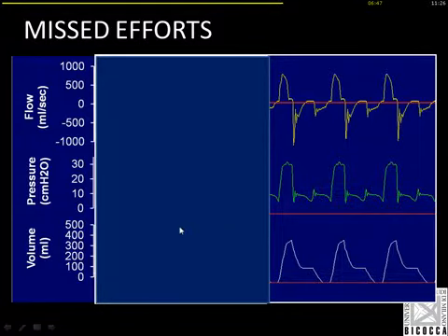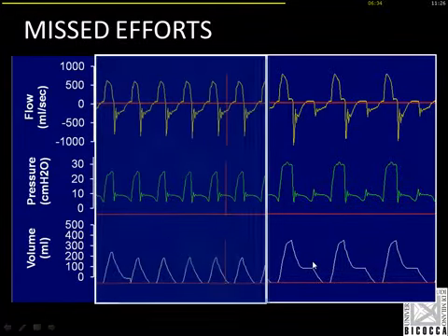How do we treat these issues? These are our own data. You see, once again, bumps in the flow, likely indicating the presence of intrinsic PEEP. What is a possible solution to that? One possible solution sometimes is to try to decrease the level of support, because this will decrease the tidal volume, and hence the patient will have a shorter expiration.